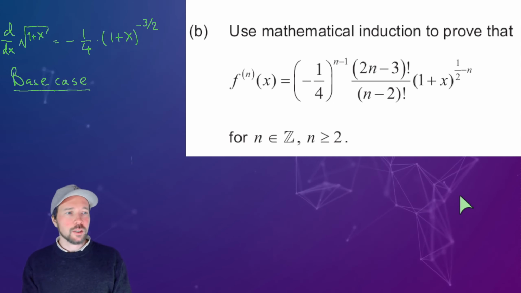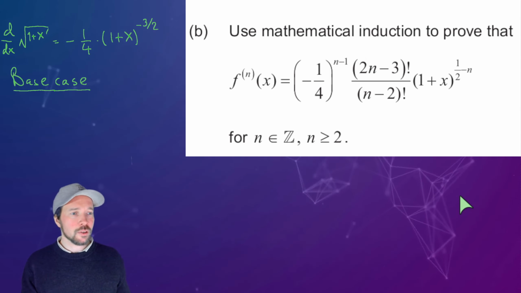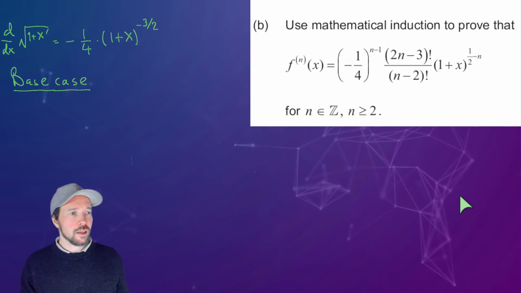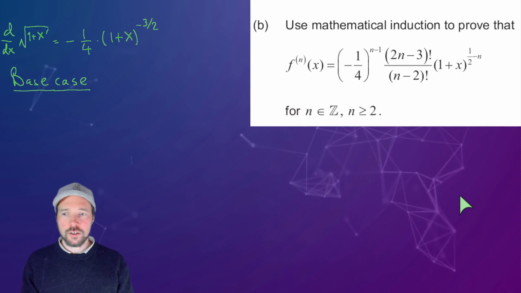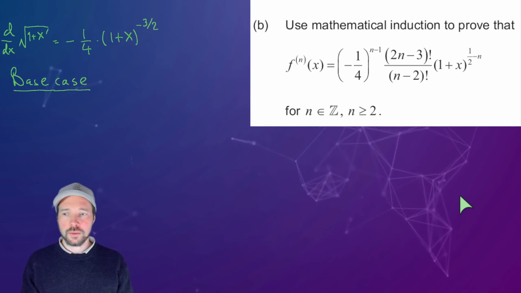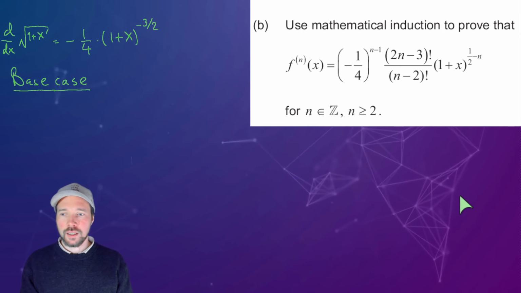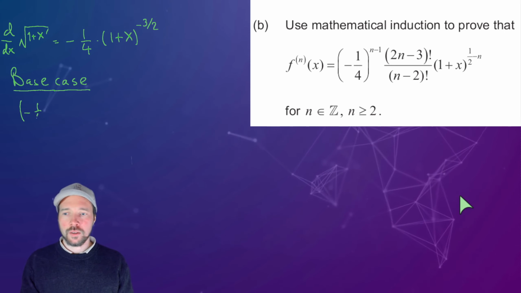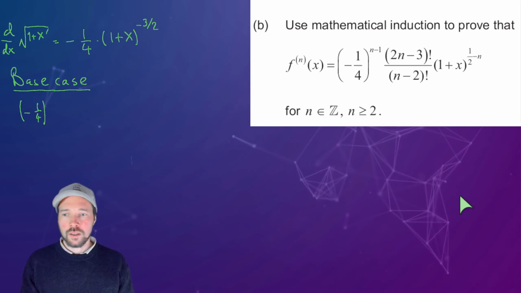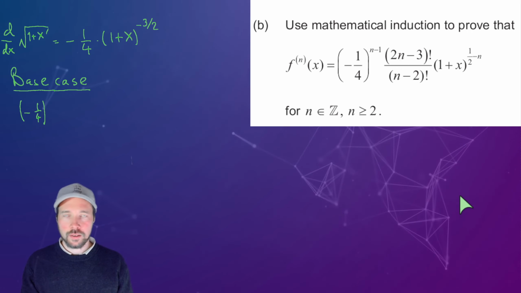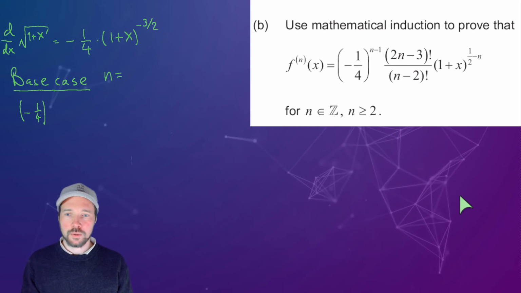For this, we need to plug number 2 into this pretty equation, and when we do that, we get, let's say, (-1)^(n-1) when n equals 2. Remember, n equals 2.